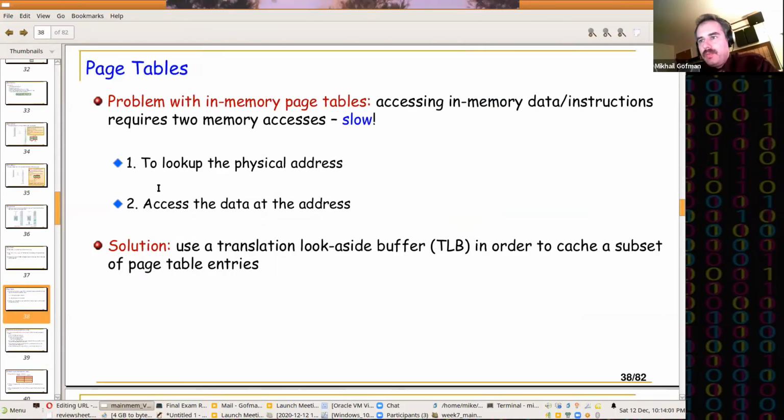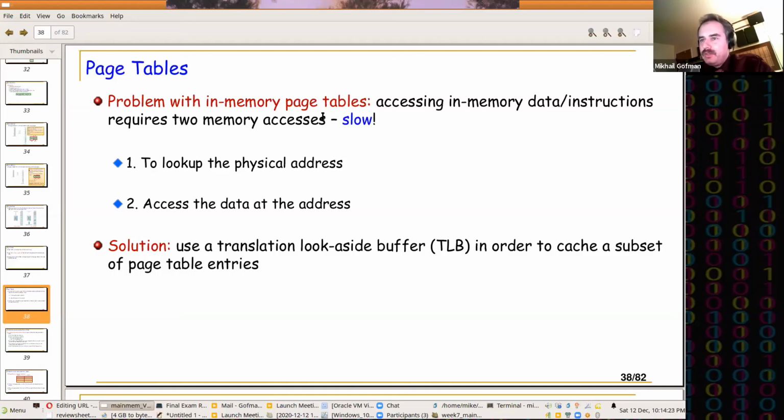So one of the challenges with page tables is that they make everything run much slower. In fact, every single memory access actually becomes 2 memory accesses. This is because the page tables themselves are stored in memory.